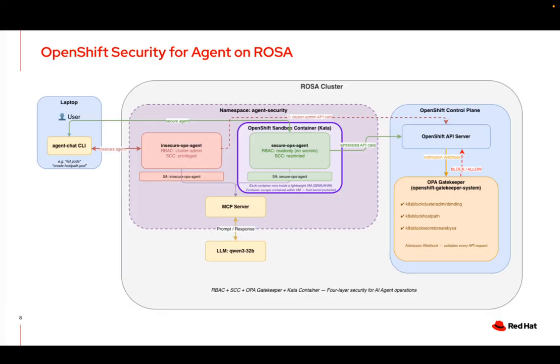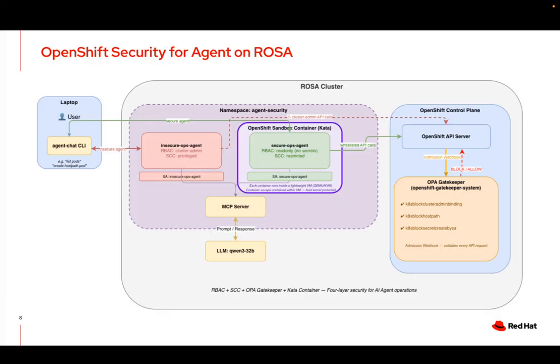Okay, so let's have a look at what the demo application is. In the middle I have two parts running: insecure ops agent and secure ops agent. This is a simple autonomous agent.